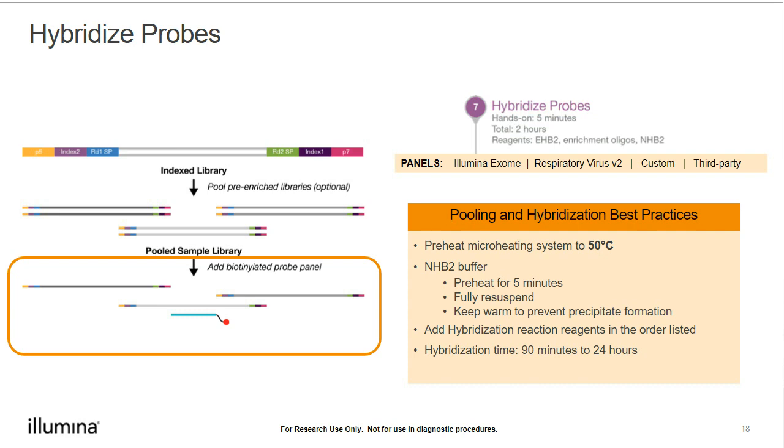And then we'll always add our hybridization reagents in the order listed in the reference guide. And for hybridization time, we do have flexibility here. We can go for 90 minutes or up to 24 hours if you want to set that reaction up and let it go overnight in the lab. That's a possibility.